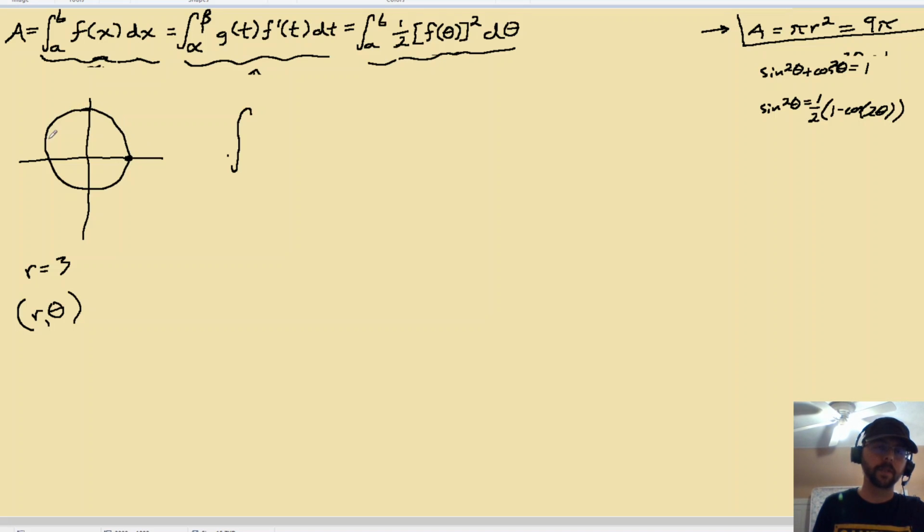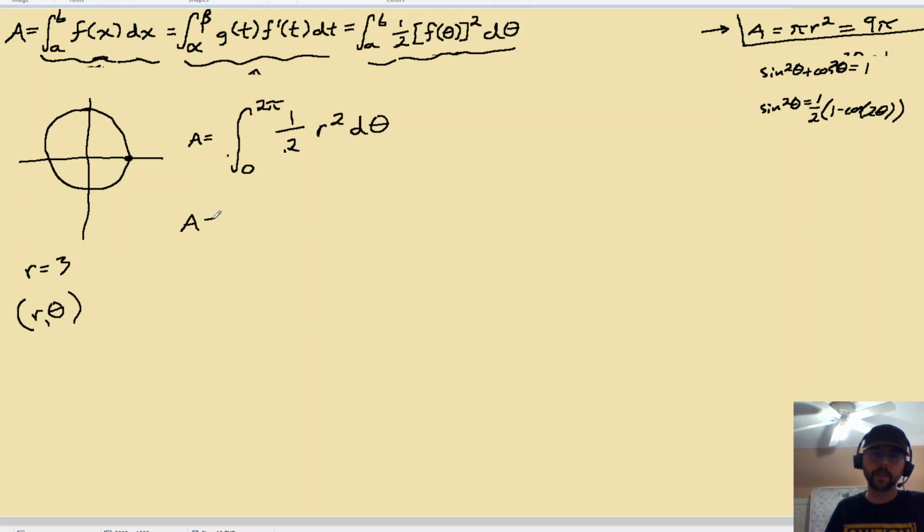As we move around the circle, the last theta value that we're concerned with is theta equals 2 pi. So we'll go from 0 to 2 pi. We don't need to multiply by anything because we're just going to try to do the entire circle. This is 1/2 times f of theta is r. So we can call this r squared d theta.